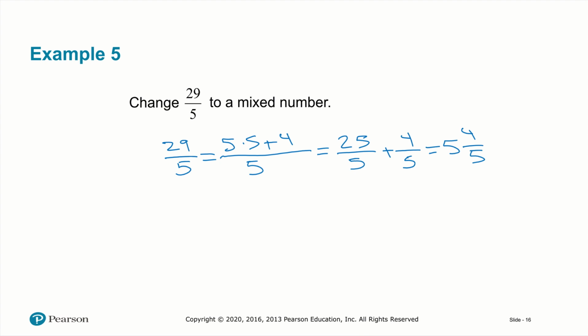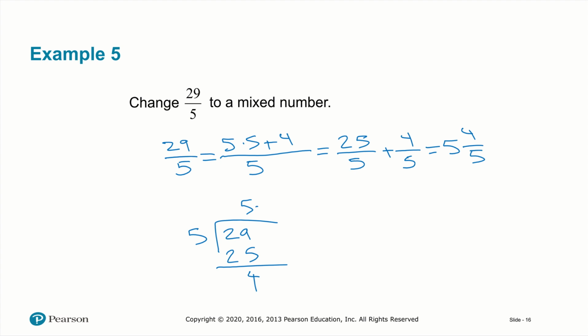Now, the most efficient way of handling it, of course, is long division. Just go ahead and divide 29 by 5. So, of course, we get 5 times 5 is 25. That leaves us 4, right? So this is the loop you're going to have to remember.